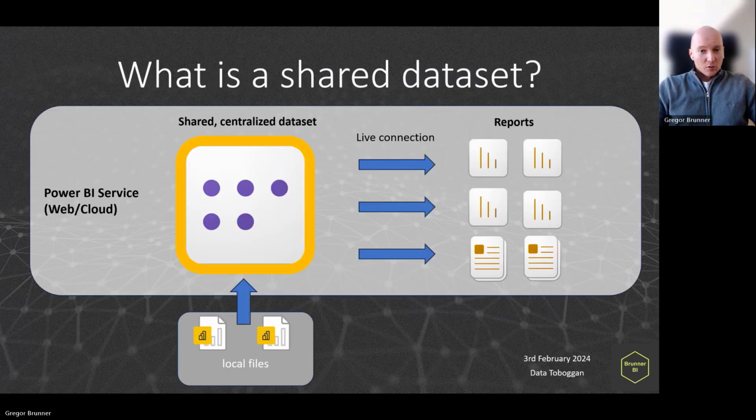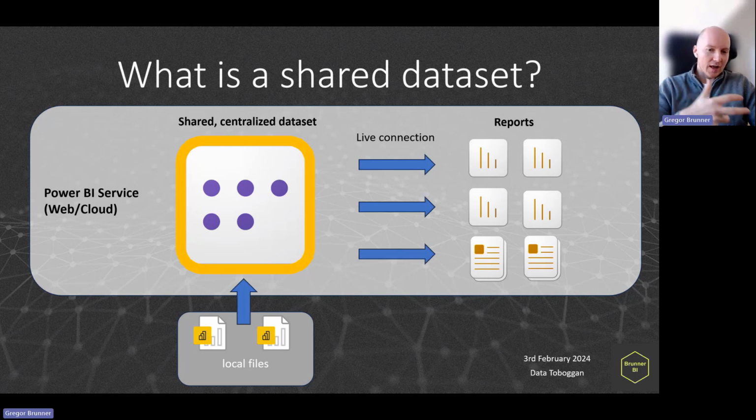So what is a shared dataset? You can see here I'm using the new icons from the Power BI service, those strange shapes with the purple dots. That's our model, our shared dataset, or our shared semantic model. The whole point is we have one model that is connected to multiple reports.